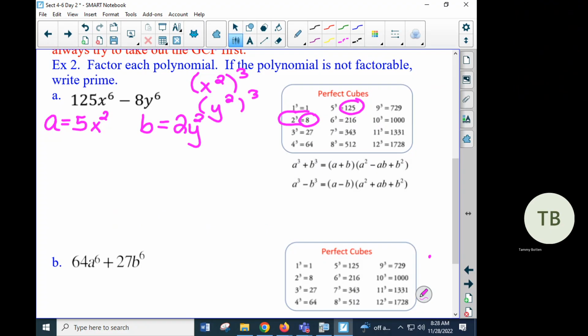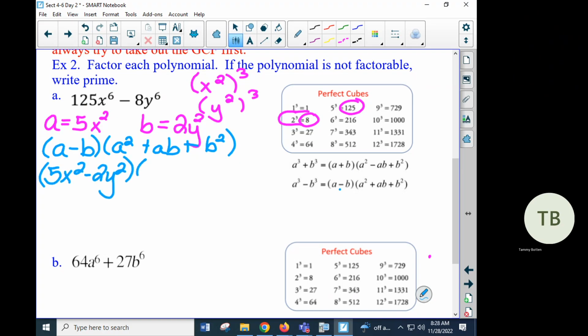Now how I do it is I write down the formula, and this one's subtraction. So I'd write this down. A minus b, I would write in the first thing, so that's just 5x squared minus 2y squared.